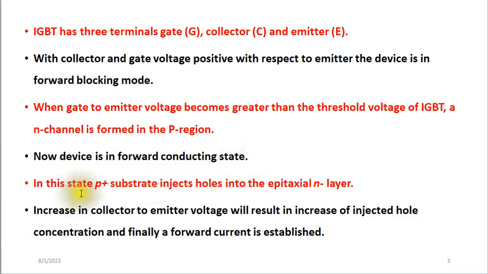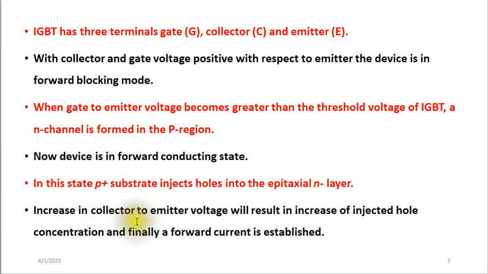And whenever it is in this forward conducting state, the P substrate will now inject holes into the epitaxial N layer. We have seen three methods of designing these components: we have diffusion methods, alloying methods, and epitaxial growth methods. I have already discussed them in my first lecture.